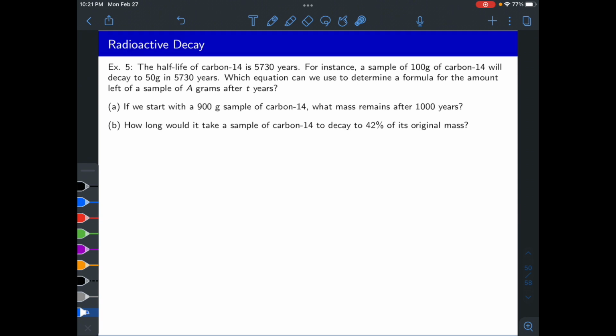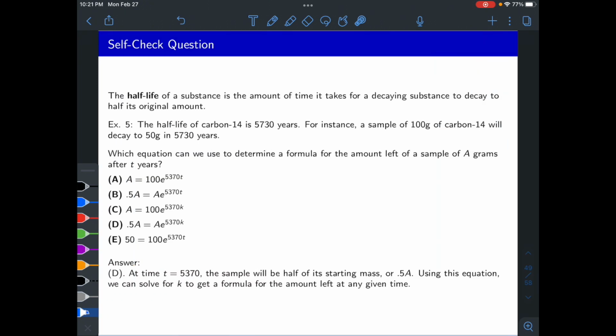To approach this problem, we need to first figure out what our formula is. Let's say f of t represents the amount after t years. So that'll be A e to the kt.